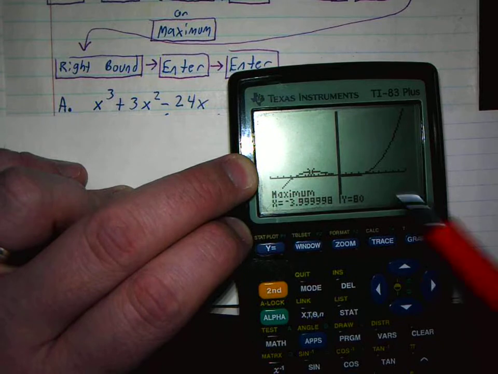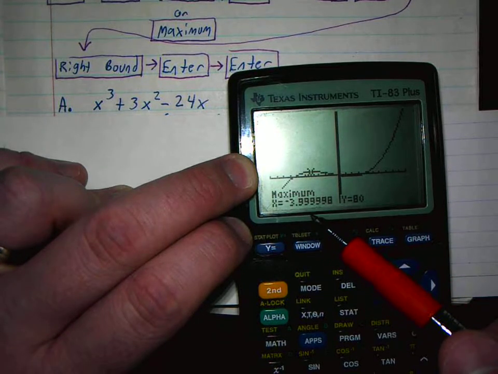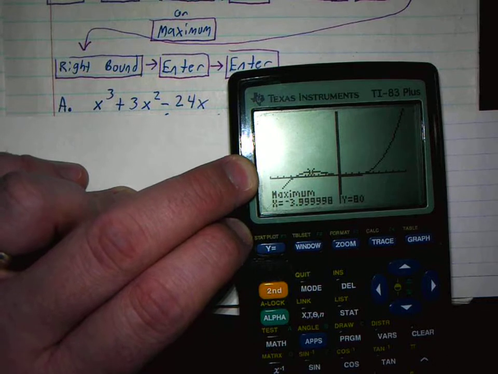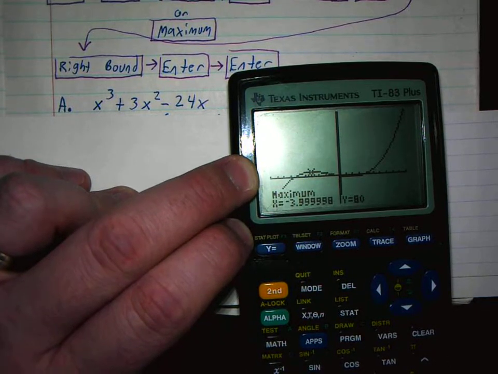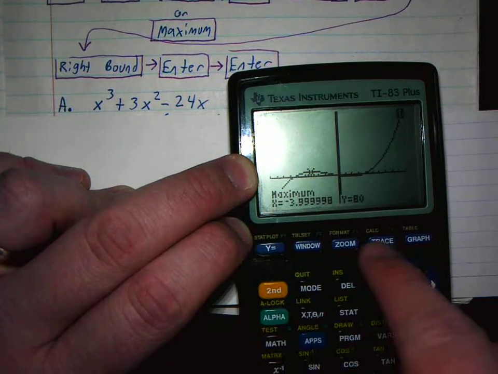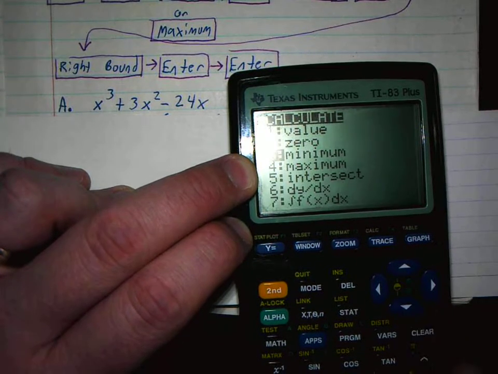And so my maximum is negative 3.999998. As before, we would just write that as negative 4, comma 80. Okay? Negative 4, 80 is my relative maximum. And then to find my relative minimum, I would go second, calc, minimum.